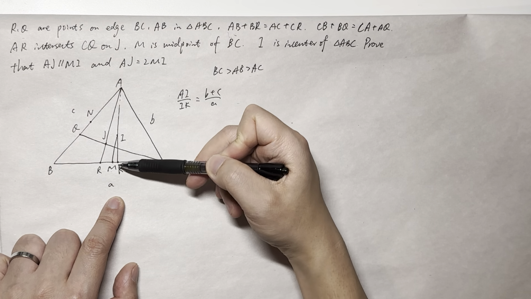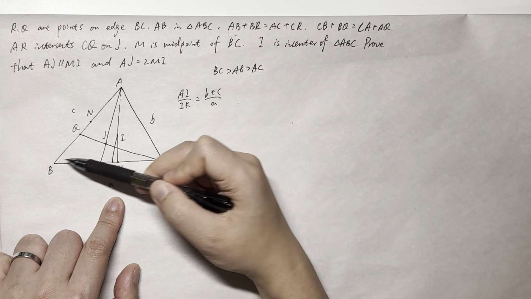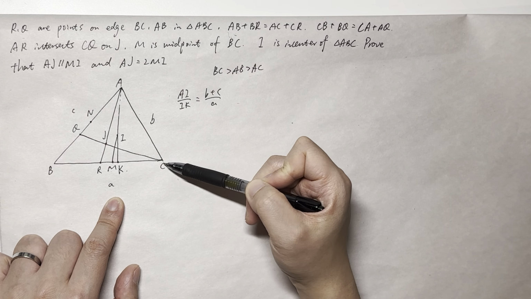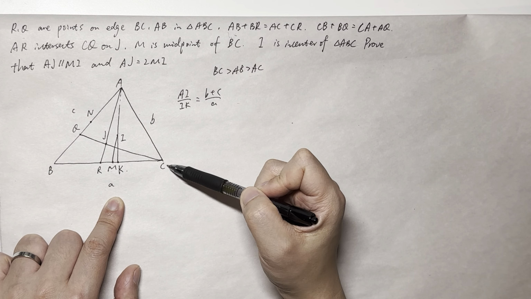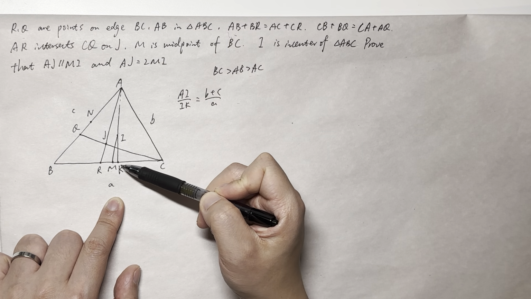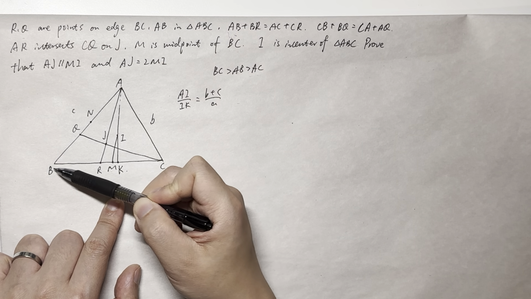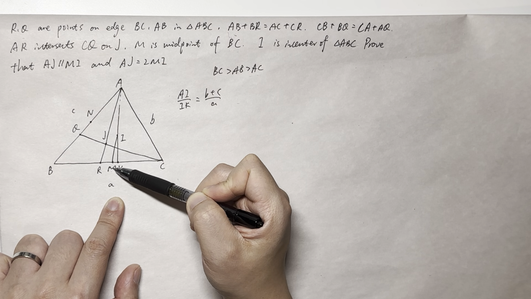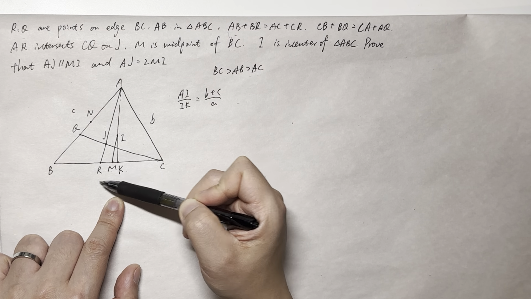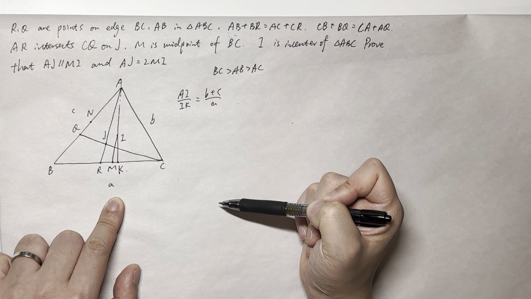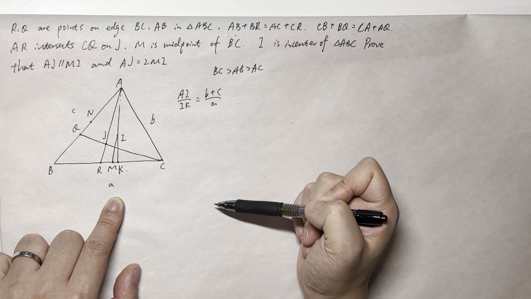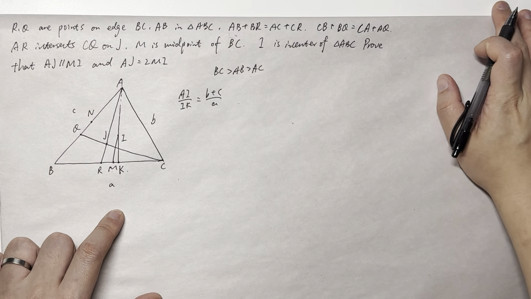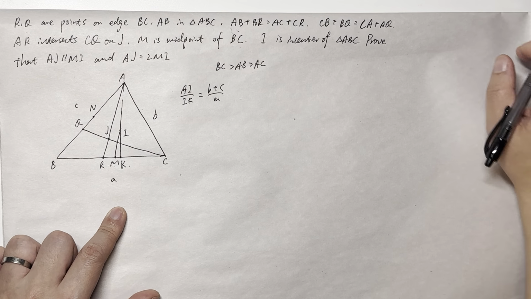And because AK is the angle bisector of angle BAC, we know that the ratio of BK to KC equals AB to AC, which means we can calculate the length of BK, and so we know the length of MK. We know the length of RM and the length of MK. We can calculate the ratio and compare it with AI to IK. So that's the clear path of the proof, right?